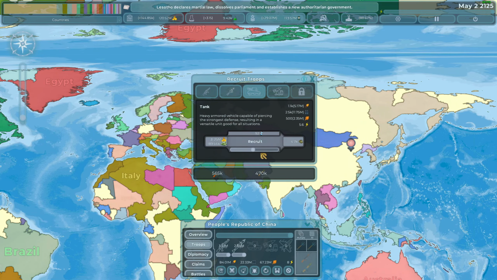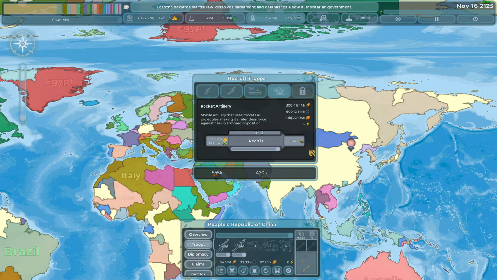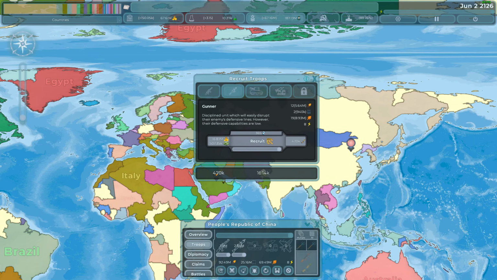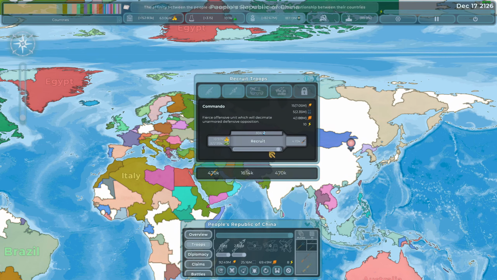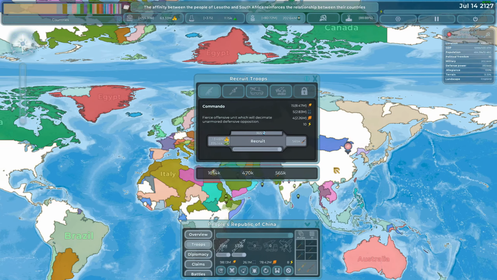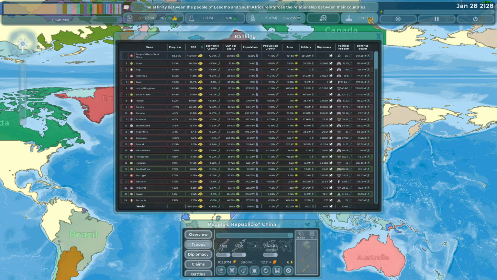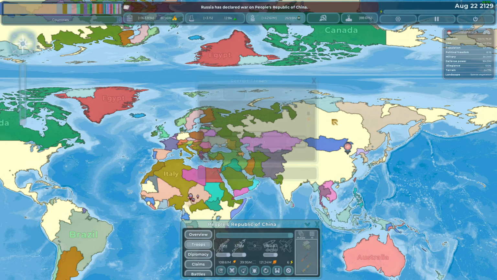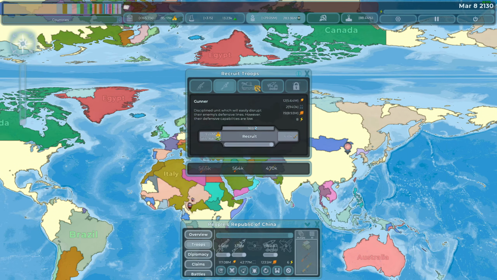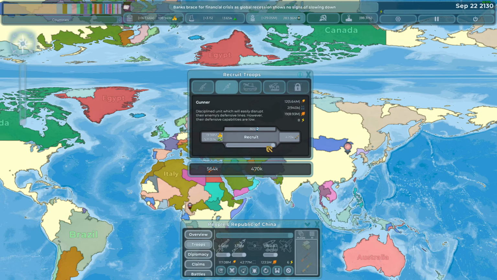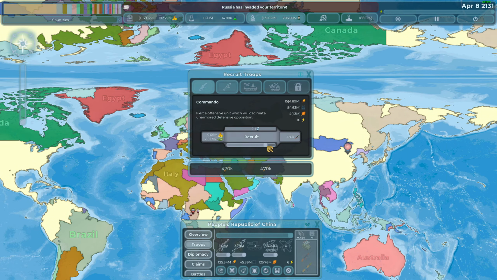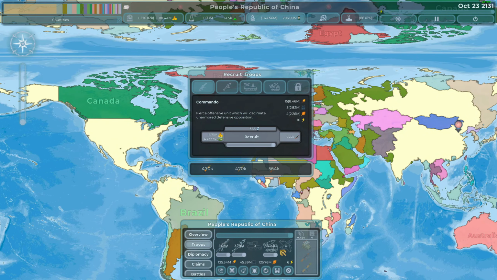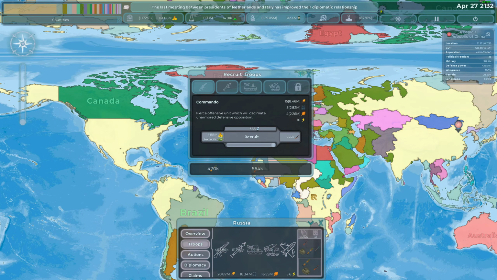Right now, they've stopped invading me, all because I've been pushing infantry up. Russia's now going after me, but all they want is coast.